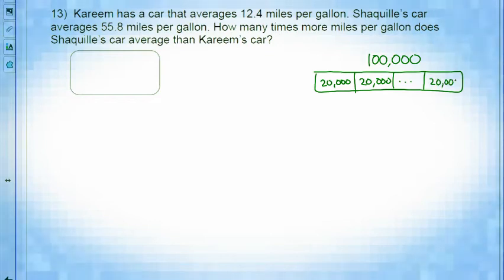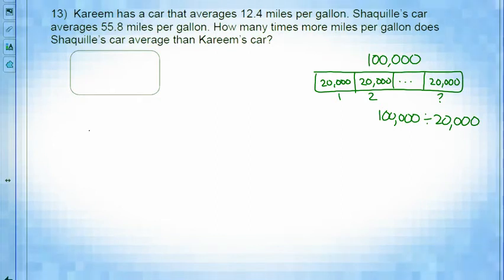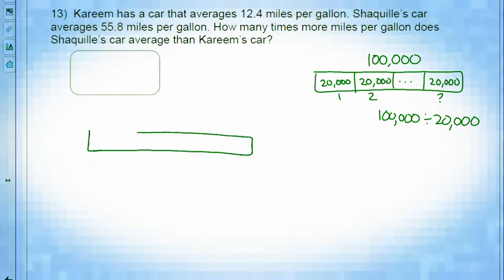That's one group, two groups. How many groups? So I'm taking 100,000 and dividing it by 20,000. Wow, I could have 5 Civics, but they wouldn't be a Lamborghini. Let's see. So this is not the problem, but it's similar to what we could do. We could talk about Shaquille, the Shaq man, the Shaq attack.